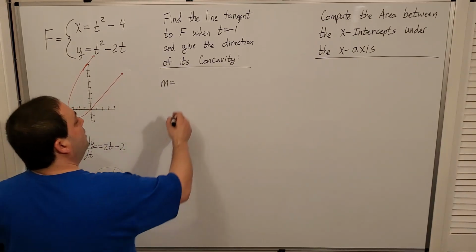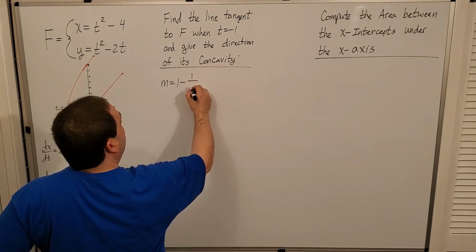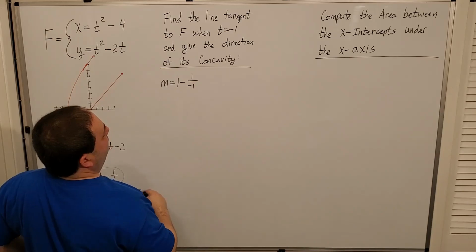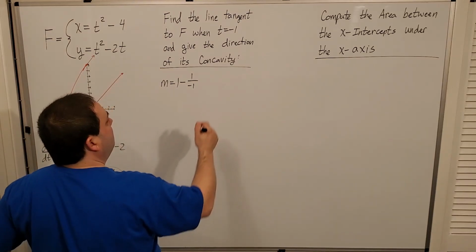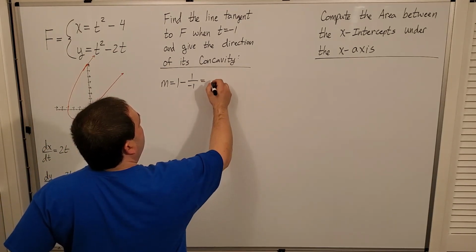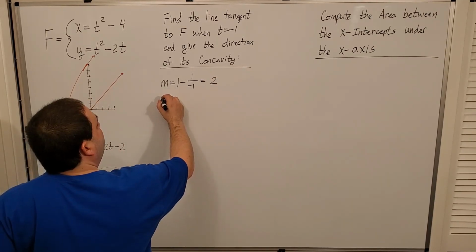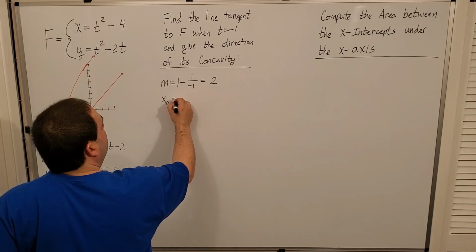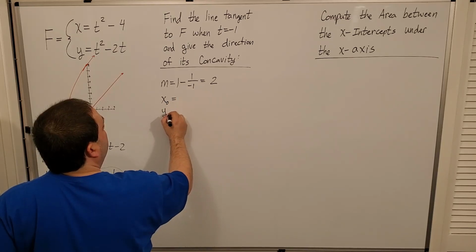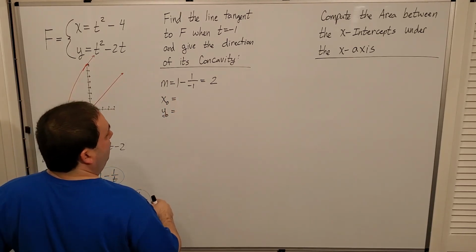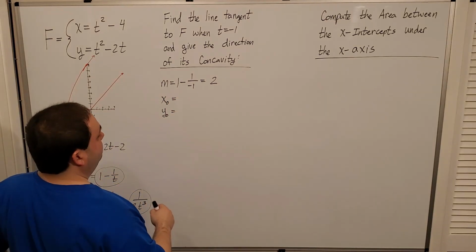So I'm going to have 1 minus 1 over -1, because I'm just plugging in my t value there. Alrighty. So that's just 2. Next, I need an x value and a y value, right? So that I can set up my point slope form.